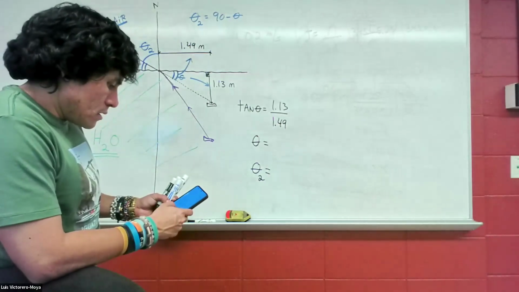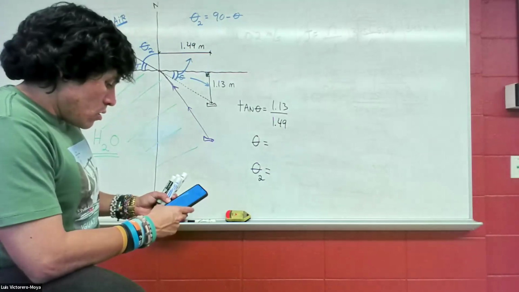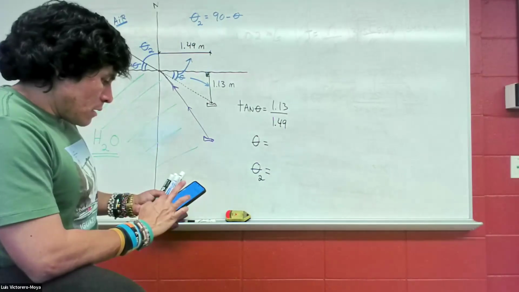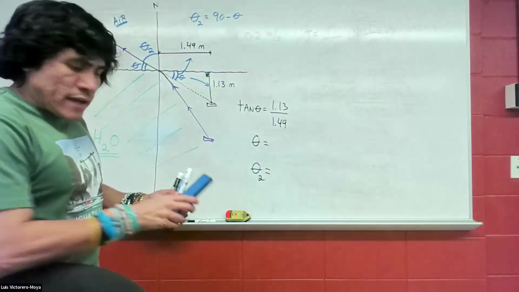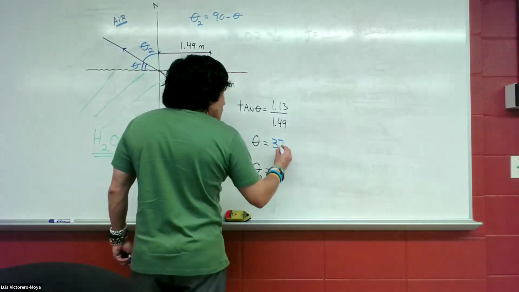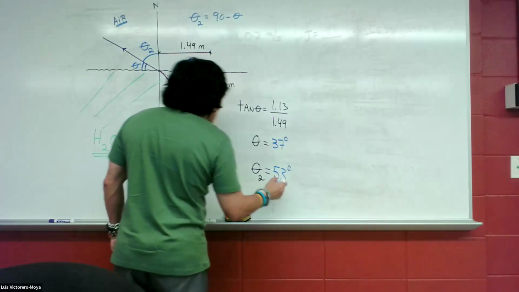If you are wondering where you're going to use this in school, well, 0.76. There you have it. So I get 37 degrees. I'll just round it to 37. So this is 37 degrees, so this angle is 53 degrees.